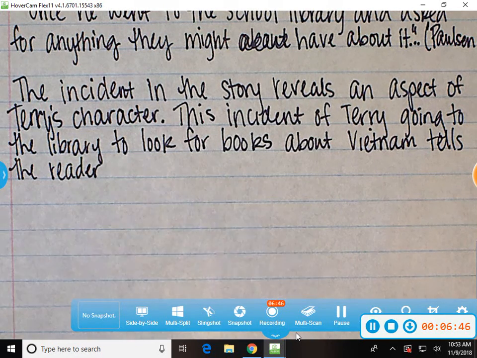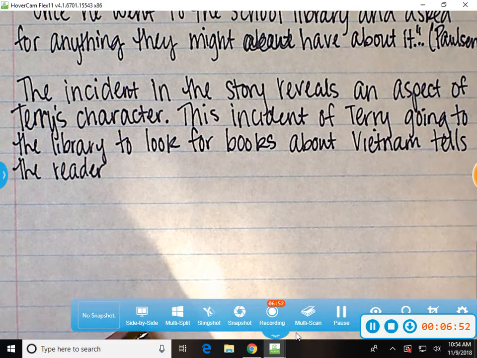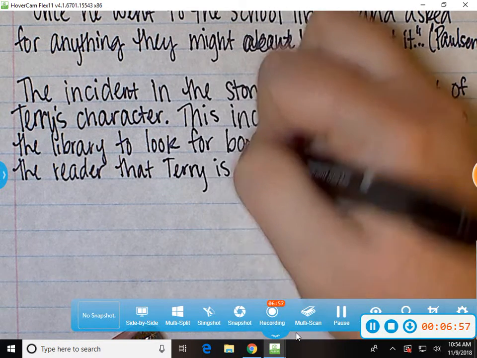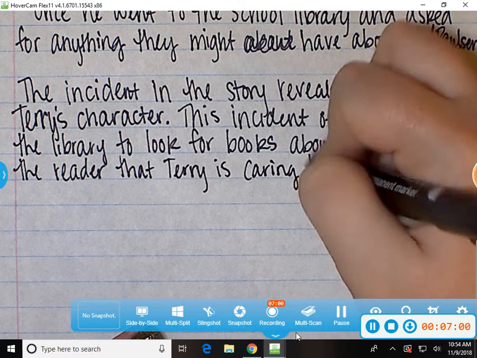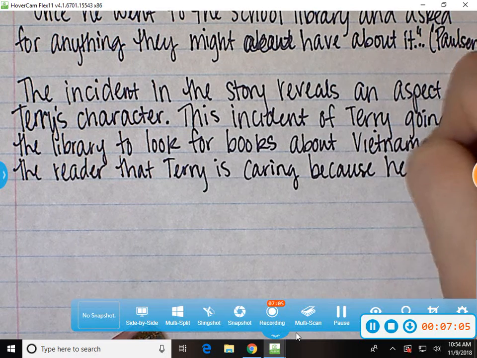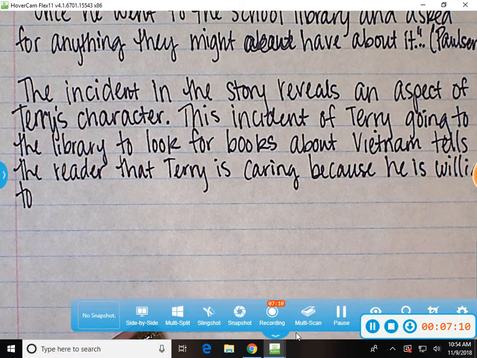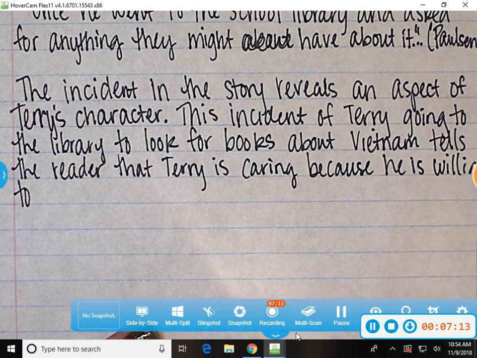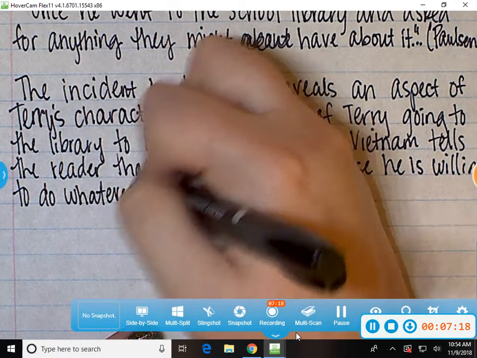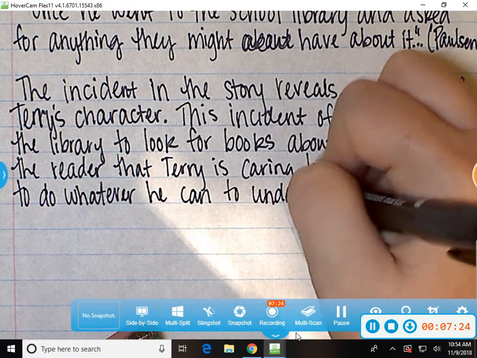Okay, so let's say the incident of Terry going to the library to look for books about Vietnam tells the reader that Terry is caring because he is willing to do whatever he can to understand his dad.